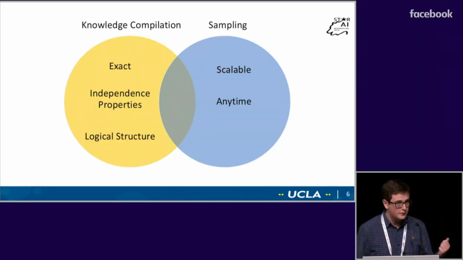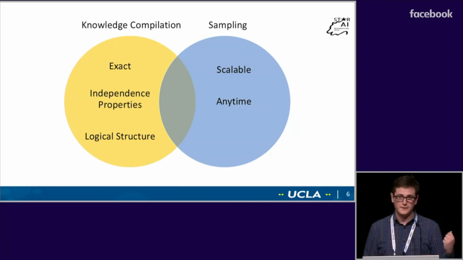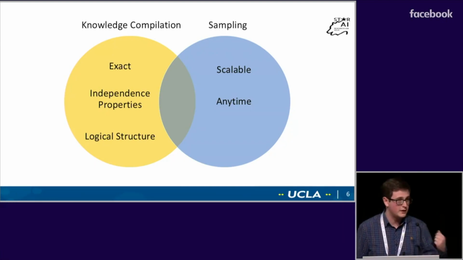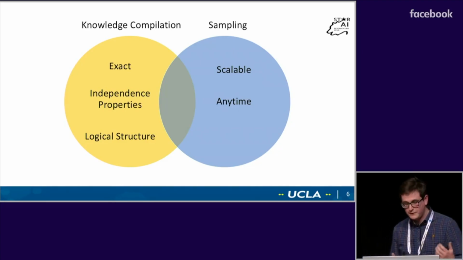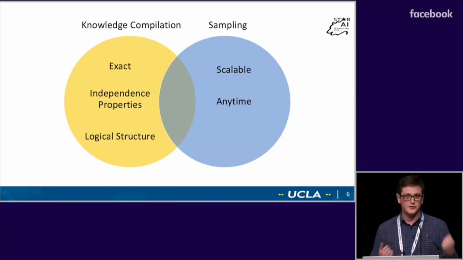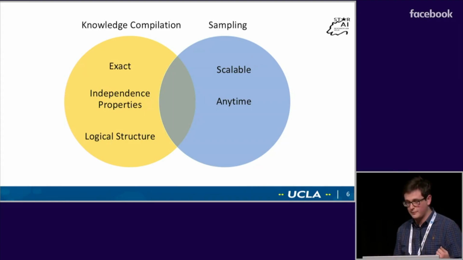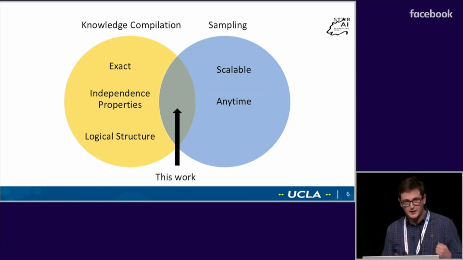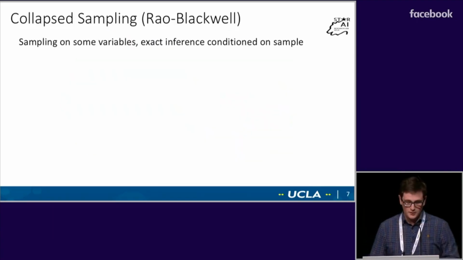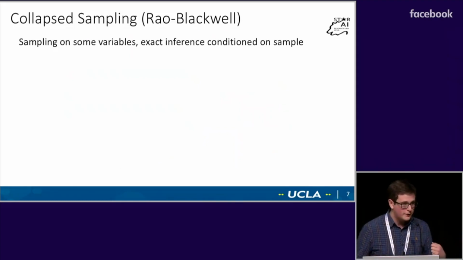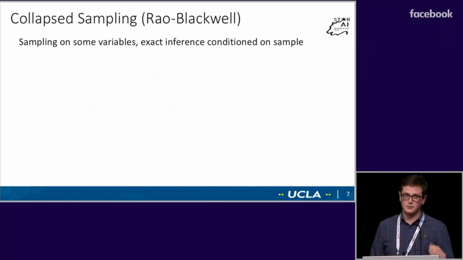So what we would like to do is take all of these benefits from knowledge compilation of having some exact inference, of taking advantage of these independence properties, but we'd also like to get the nice benefits of sampling, where it's scalable, it's anytime: just give me as much time and resources as you can and I'll give you the best answer I can come up with. And what we'd really like is to sit in the middle and take advantage of both of these things, right?